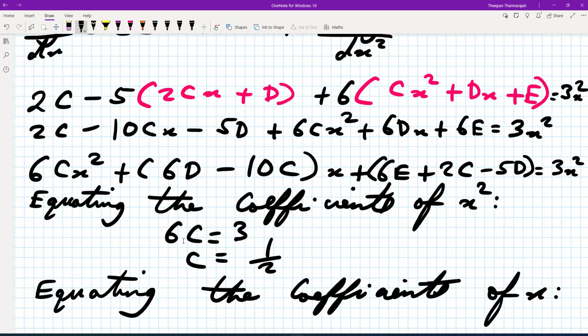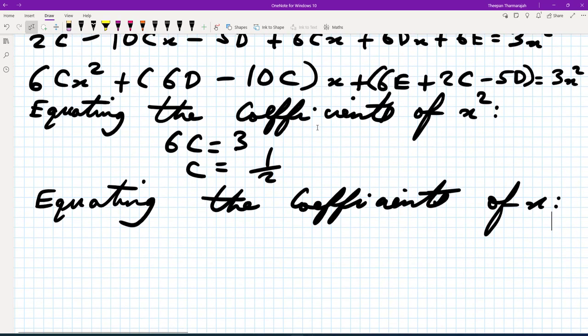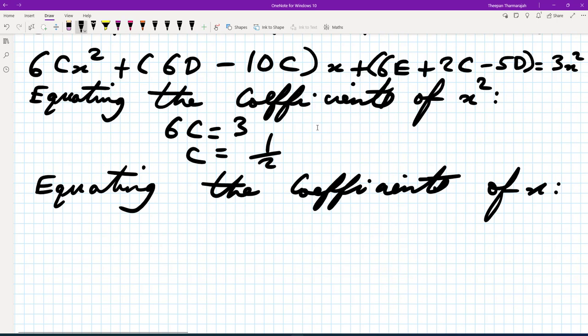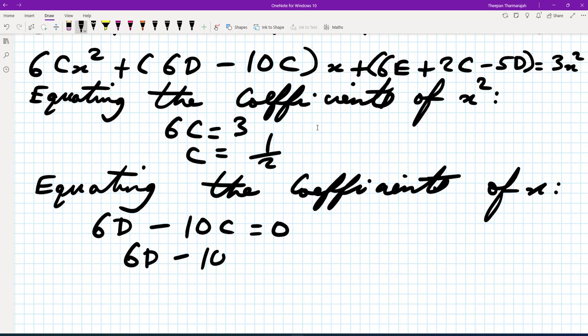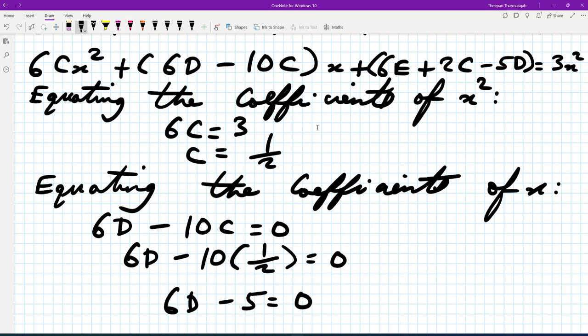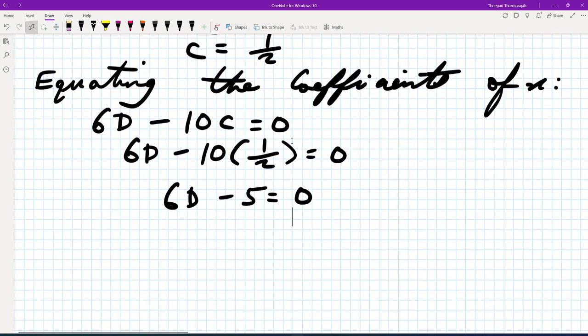Well, that's going to be 6d minus 10c. There is no coefficient of x on the right hand side, so that must be 0. So 6d minus 10c is equal to 0. So 6d minus 10 times a half equals 0. So 6d minus 5 equals 0 here. So d is 5 over 6.